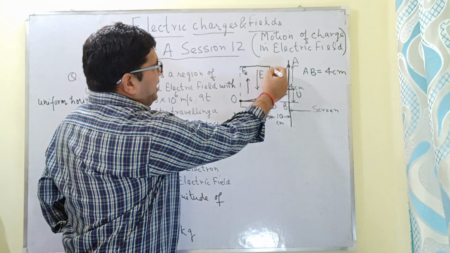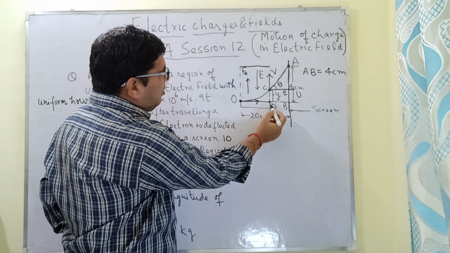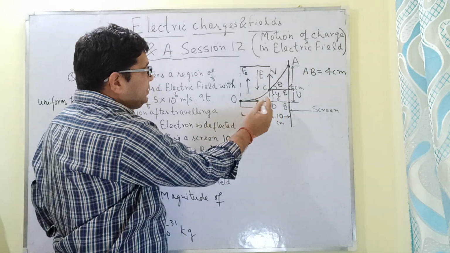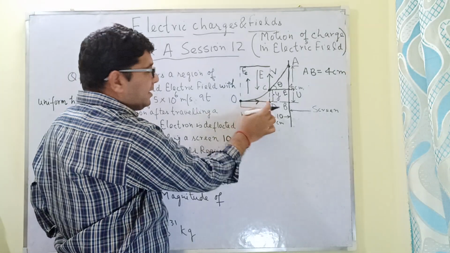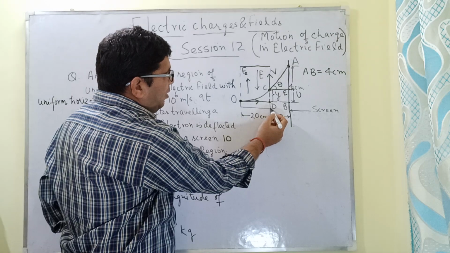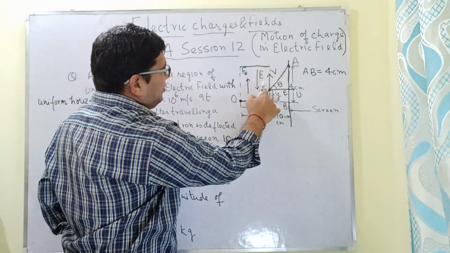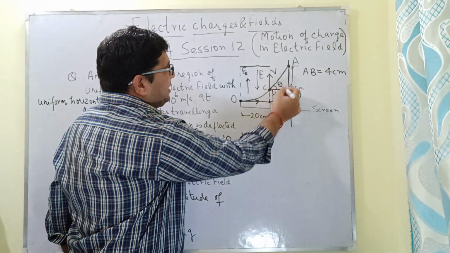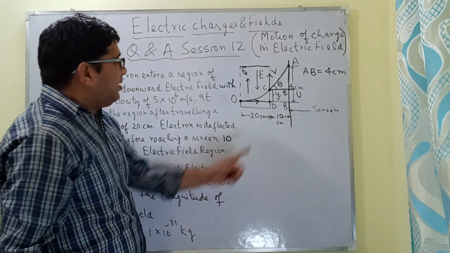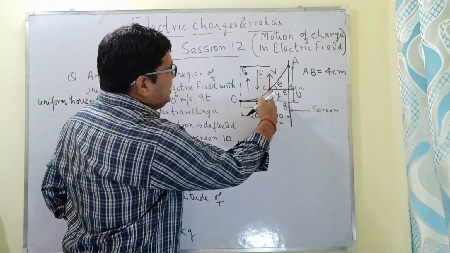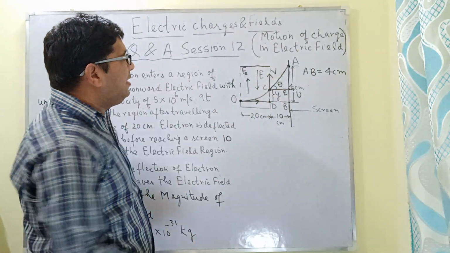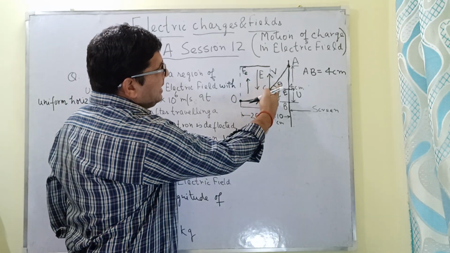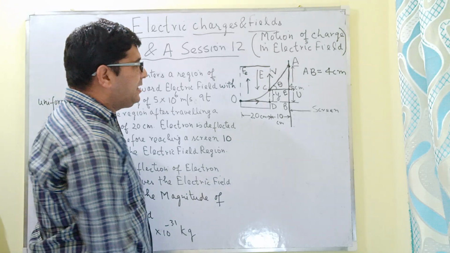This is the electric field region of 20 centimeters, and from the point C, where the electron leaves the electric field region, the screen is placed at a distance of 10 centimeters. So when it leaves the electric field region, the electron will follow a path inclined at an angle theta with the horizontal, because now it is not under the influence of the electric field.